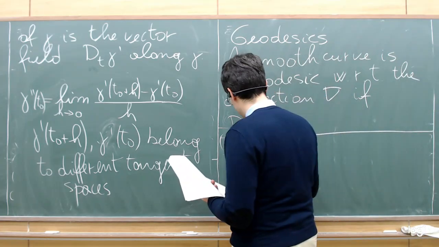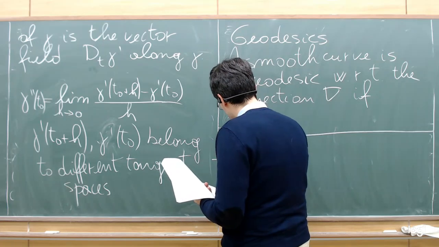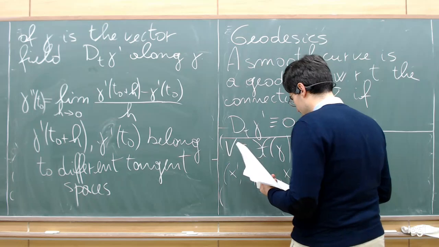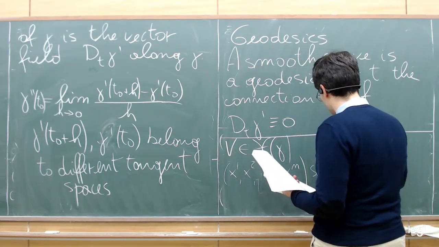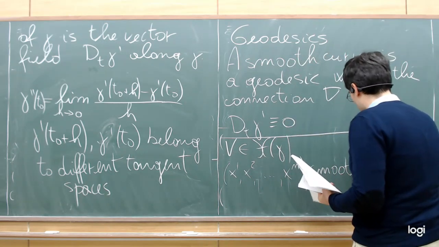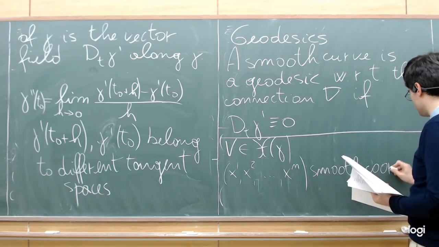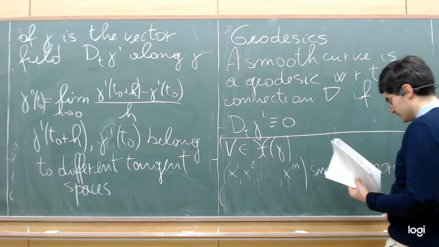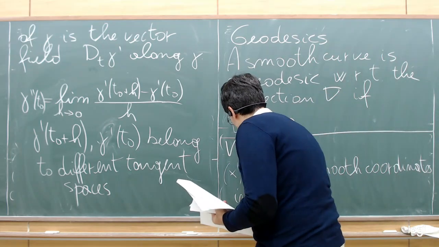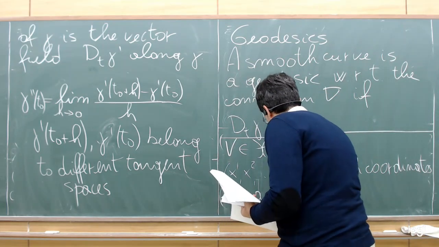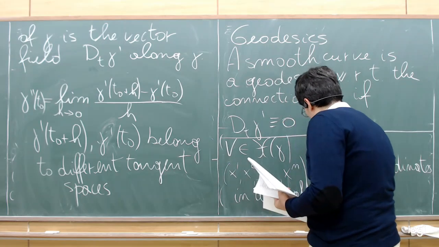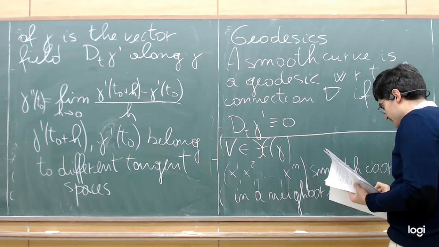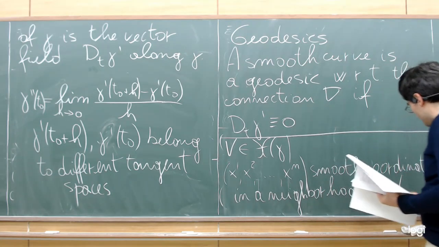Suppose that x1, x2, xn are smooth coordinates in a neighborhood of gamma t0.